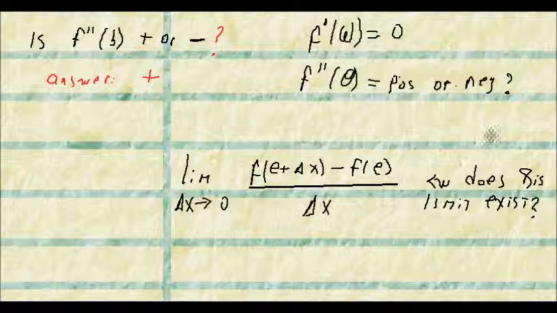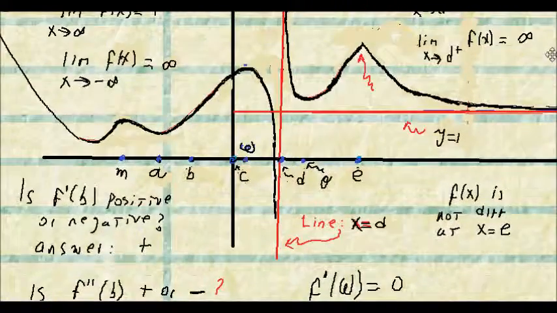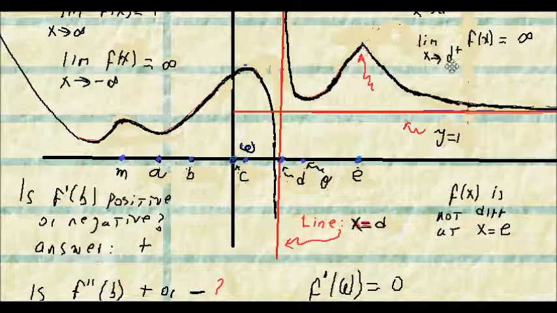So the answer is no. This limit cannot exist, since the function is not differentiable at x equals E because it has a sharp beak.